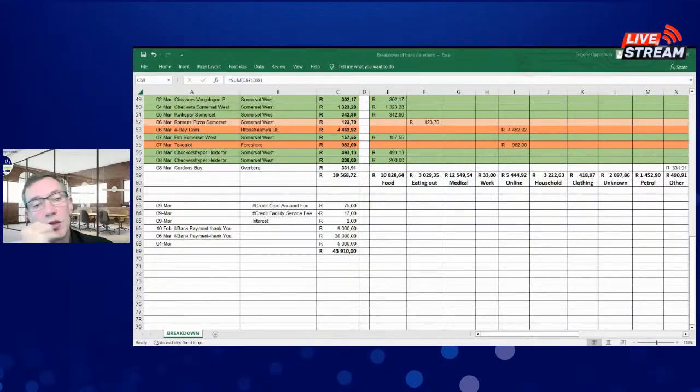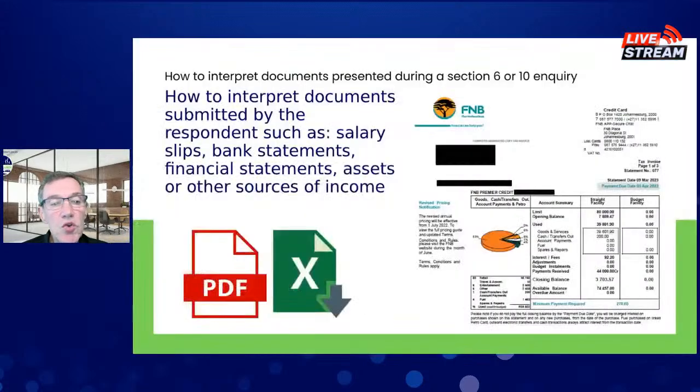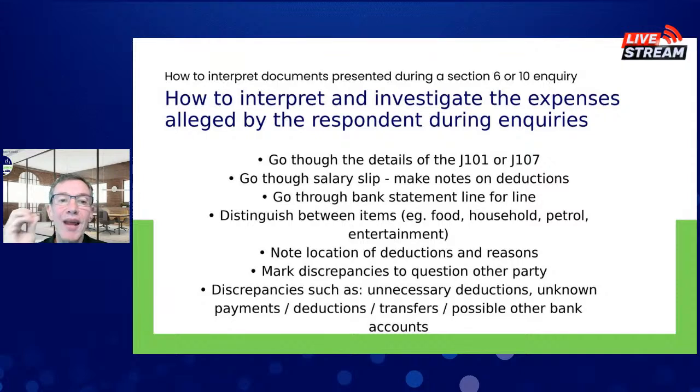So the idea would be to use this as a tool to scrutinize banking statements, go through it line by line, and then compare that to the J101 form, the documents that were submitted. So if they claim a certain amount, that amount actually reflects on the banking statement, because that is one of the biggest ways they would hide the assets, and we'll get to that in a moment.